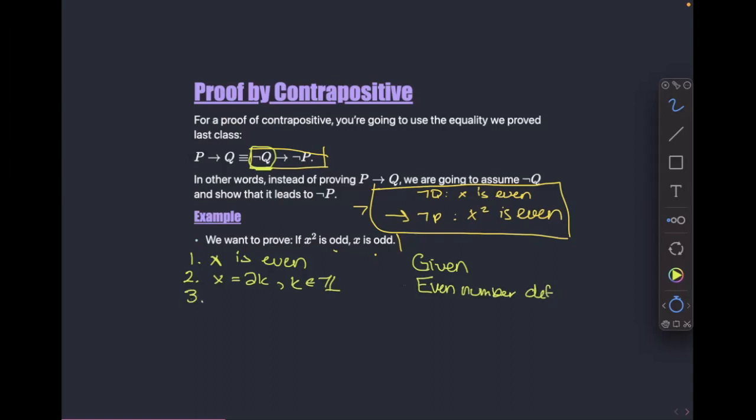And then I can go ahead and square both sides. So x squared equals (2k) squared. And then I'm just going to do that same simplification I did. So I rewrote x squared as 2 times 2k squared.